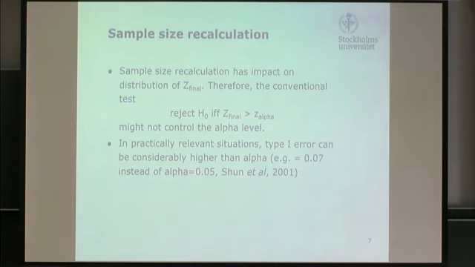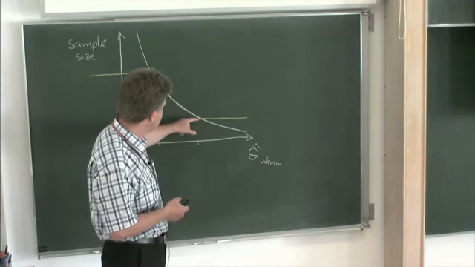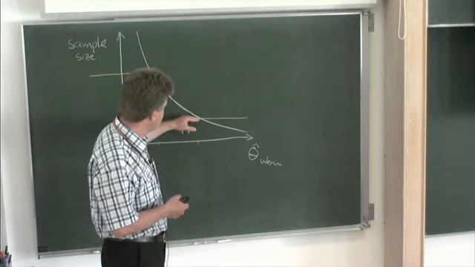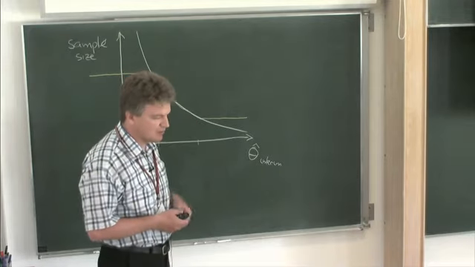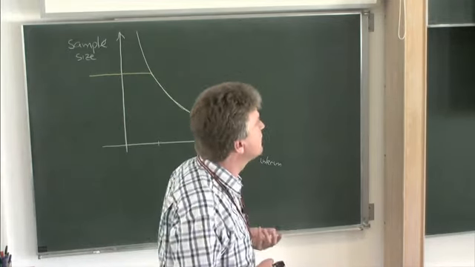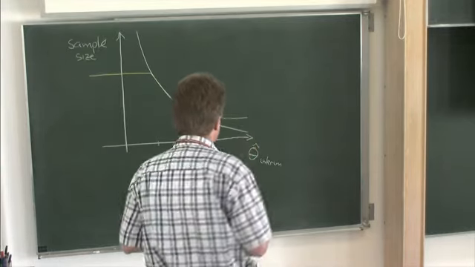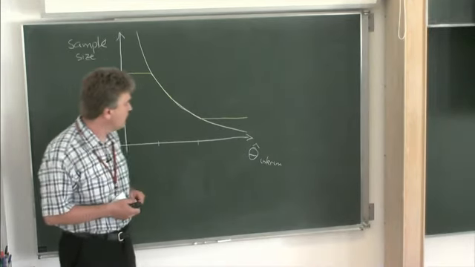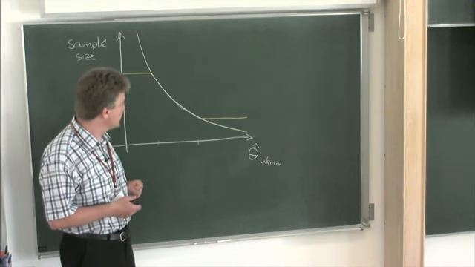If we have by chance a very high positive theta estimate, our sample size will be low, and maybe if this is already the number of observations before the interim analysis, then we will stop after the interim analysis and stick to the optimistic, to the high value of theta, and so reject probably the null hypothesis.